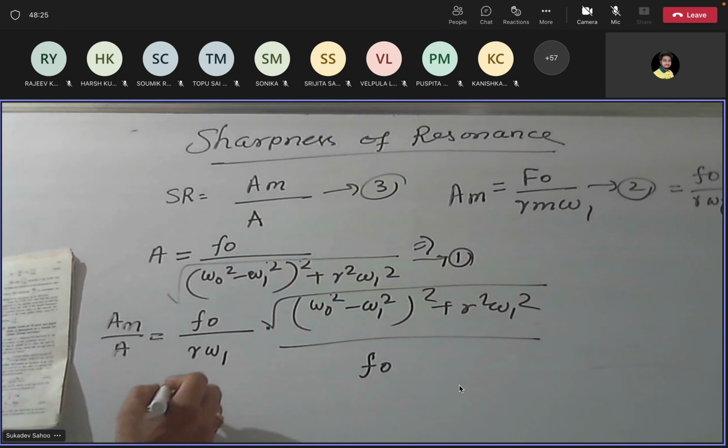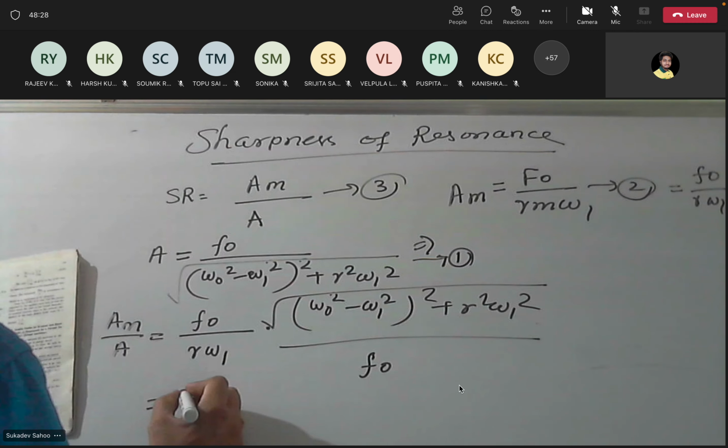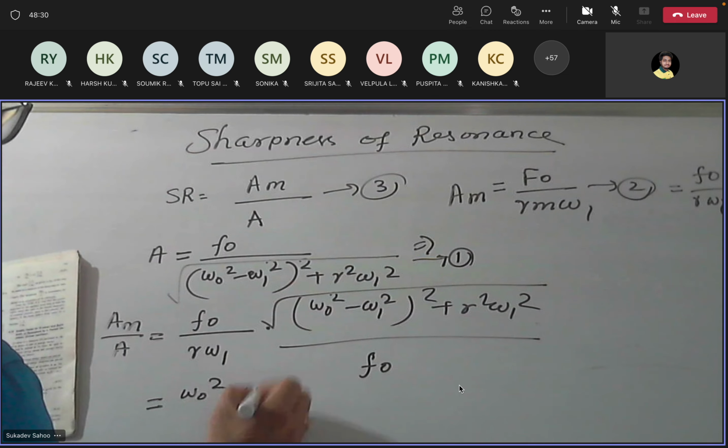So we can write, this is okay. So we can write omega 0 square, omega 1 square.